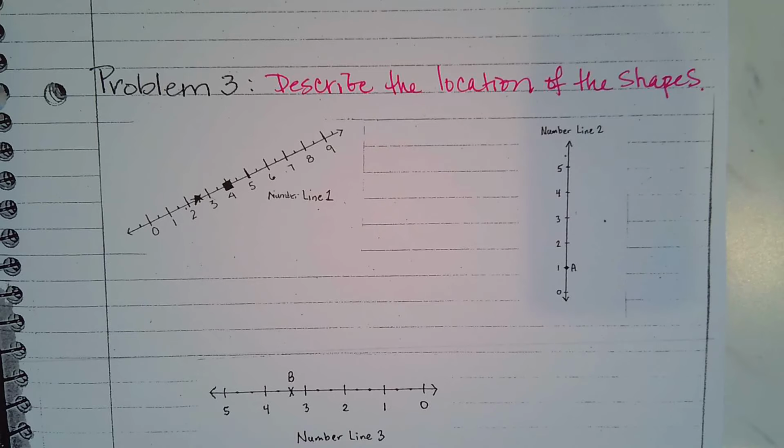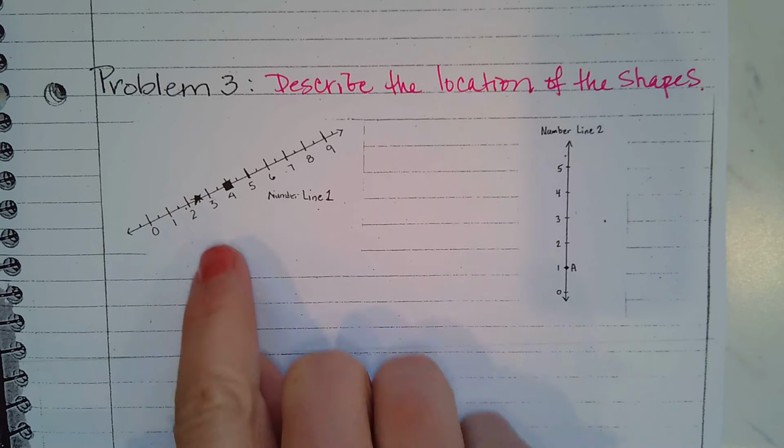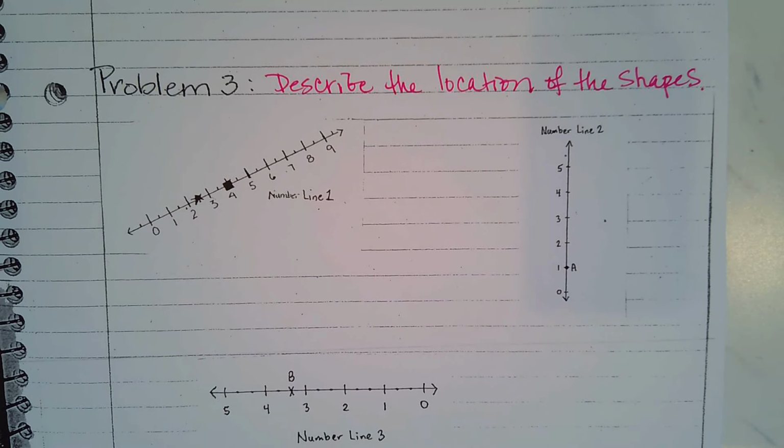Well, you could tell how far it is from another shape. You could tell how far the shape is from one end of the line. You could tell how far it is from 0, correct?